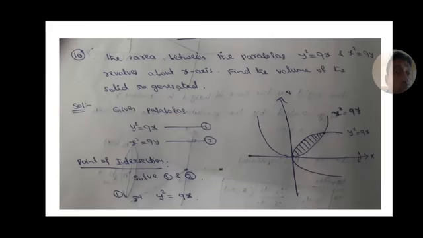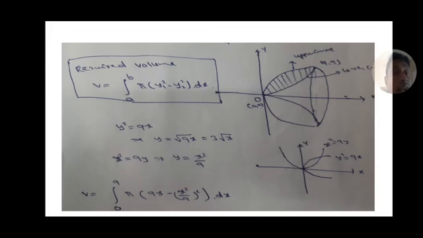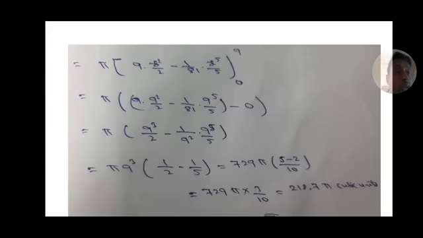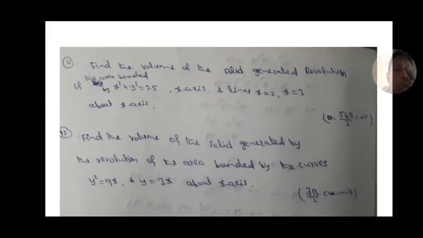First of all, find the intersection points, that are the limits, and then use the formula and take y1 and y2. Upper curve is y1, lower curve is y2. Okay, substitute and integrate, substitute the limits and we get the answer. Do the remaining problems and next, homework problems.